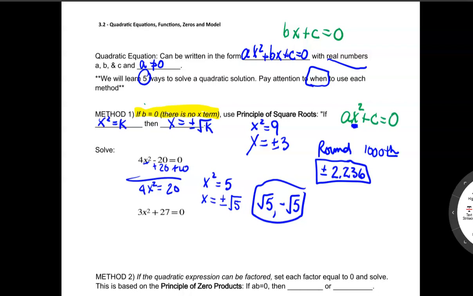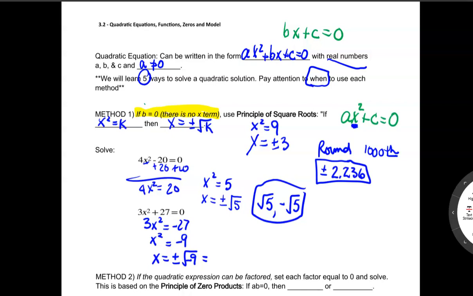This one looks very similar. We're going to subtract the 27 from both sides. 3x squared equals negative 27. And now divide by 3, we get x squared equals negative 9. And so x is equal to, and don't forget your plus or minus, square root of negative 9. And from the last section, we learned how to evaluate the square root of a negative number.